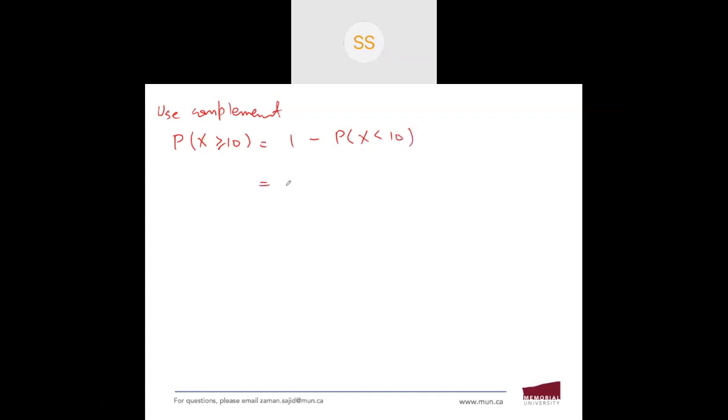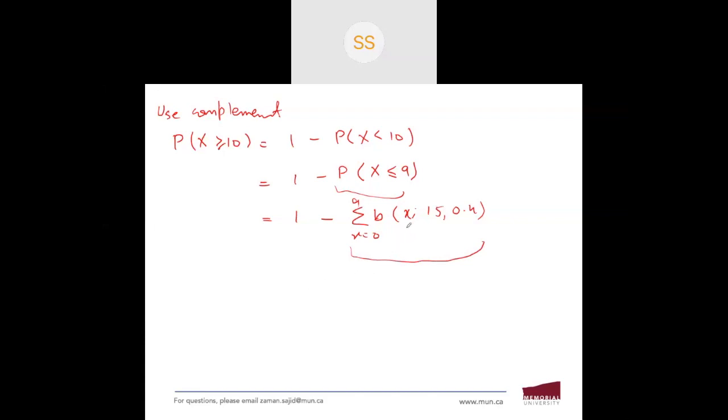Or I can say this will be 1 minus probability of x less than or equal to 9. And this term I can find out using this formula, b of x, 15, 0.4, whereas the x value should be from 0 to 9. That's the cumulative distribution function. Okay, cumulative distribution.